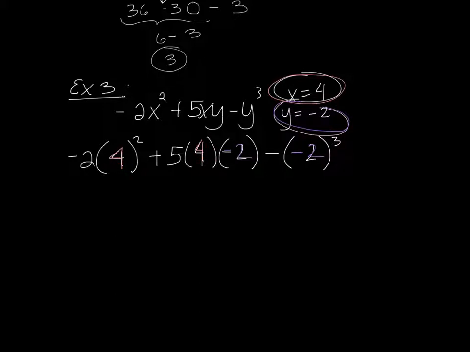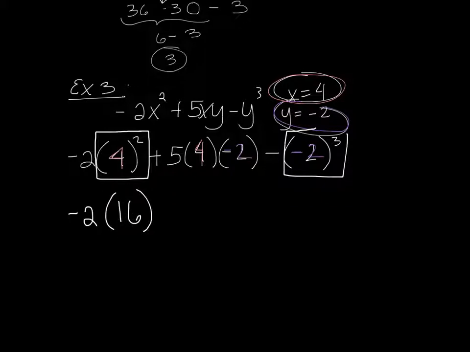So now we can perform the exponents. We can evaluate these exponential expressions right here and right here. I'm going to write everything that I don't use. So I haven't used that negative 2. Well, 4 times 4 is 4 squared, so that's 16. And then I'm not going to do anything to this part just yet, and that subtraction sign is still there.